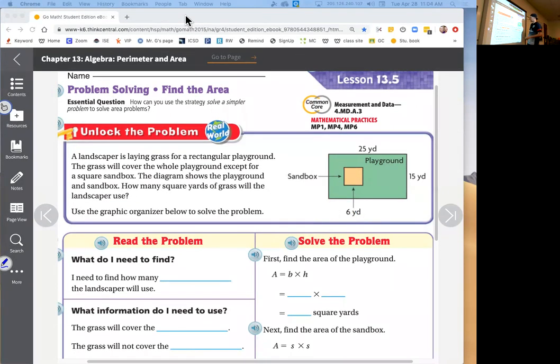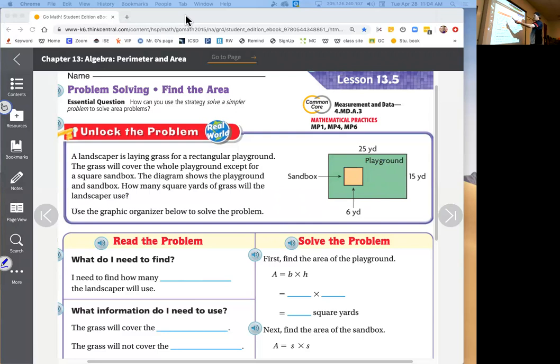Well, we're doing almost the same, except we're finding this area, and then we're subtracting this area, because they want to know just the playground. What is just the playground, not the little sandbox in the middle?